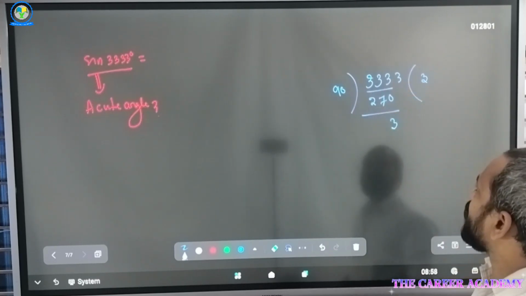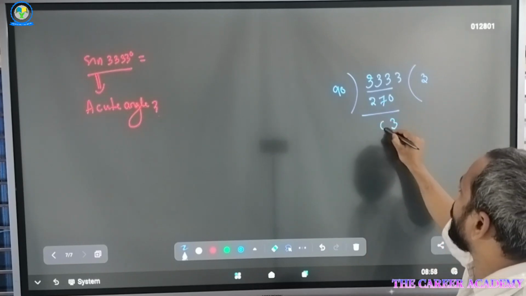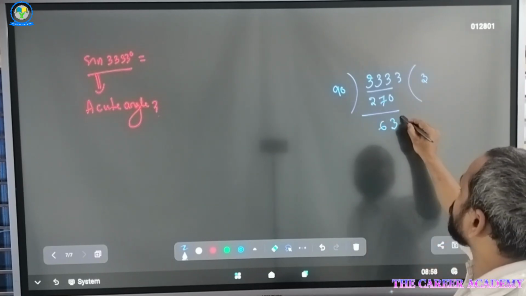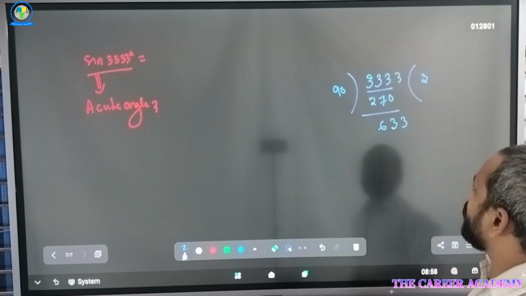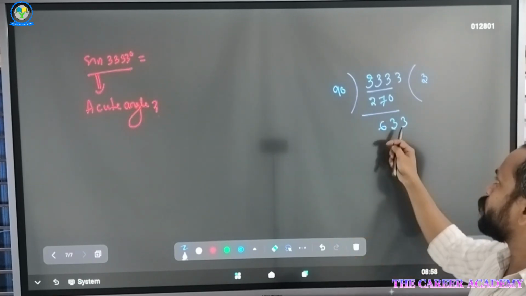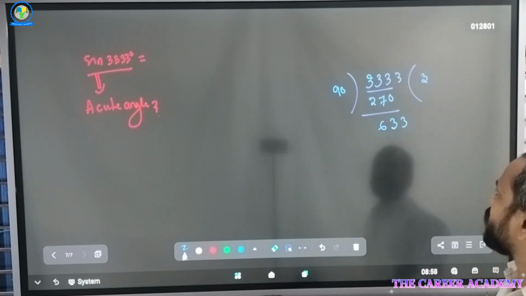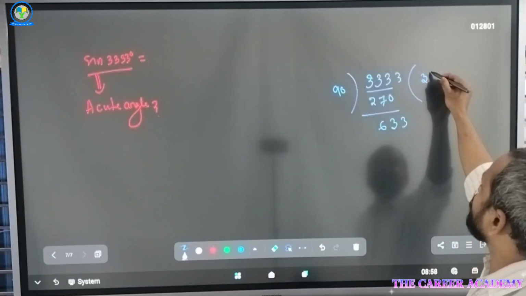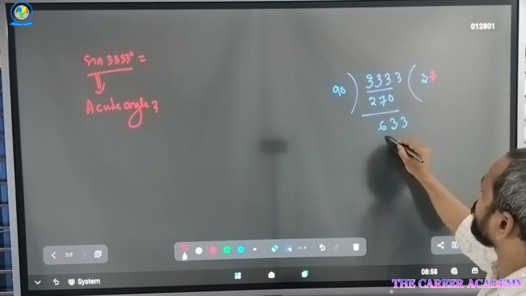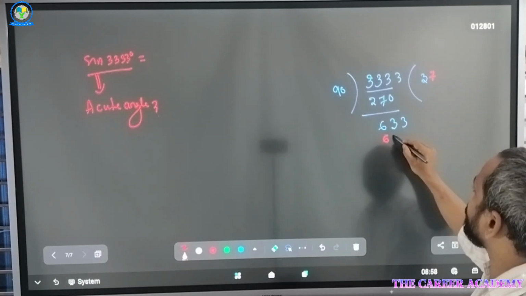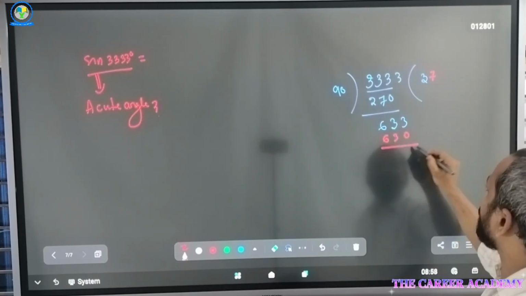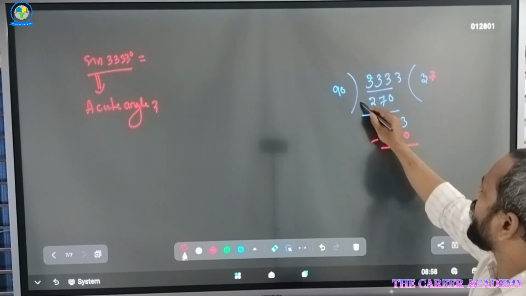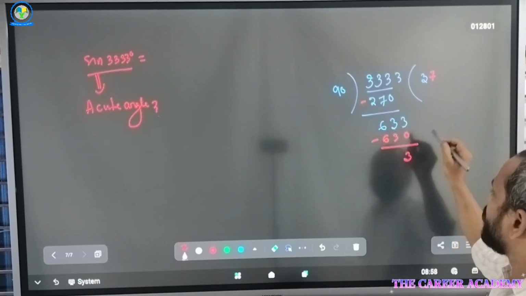Take the carry, 13 minus 7 is 6. Now carry 3. 90 times 7 is 630 degree, nearest to 333 degree. It is 630 degree, so you subtract, it is 3 degree.